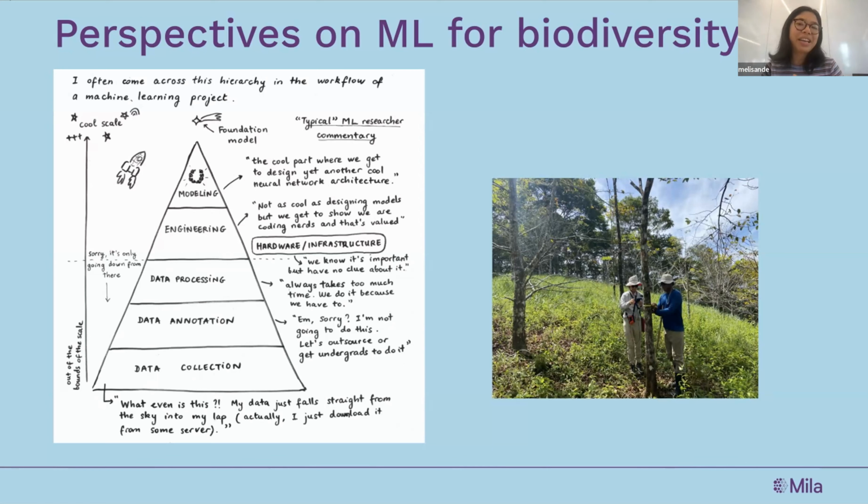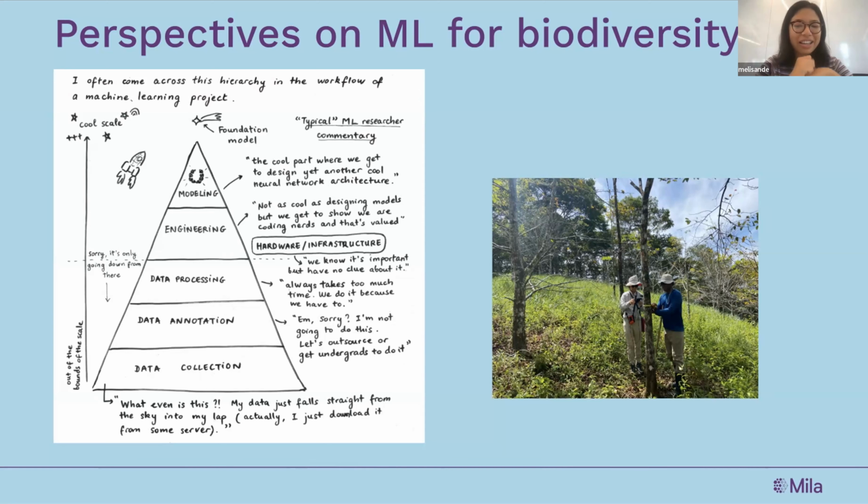But it is really important to value the work that goes into data collection and data annotation. That is usually not what machine learning people do, because we just get data from people. And I call this perspectives, but obviously I don't have authority over anything. I just have personal experience that I can share.